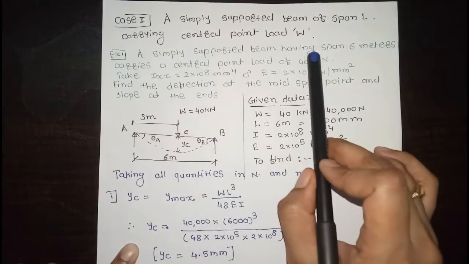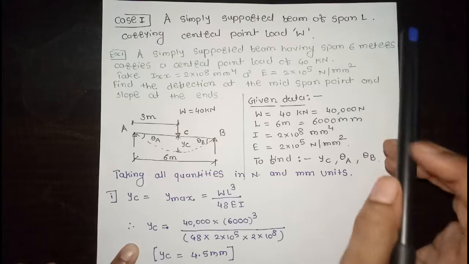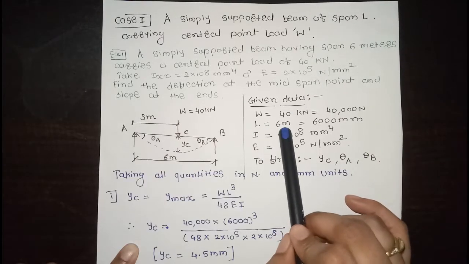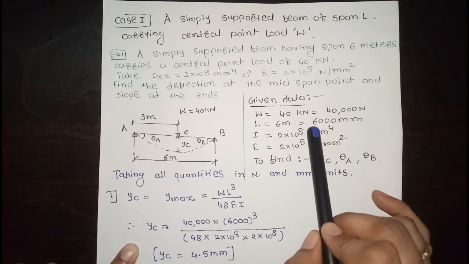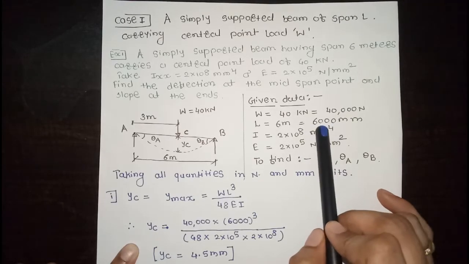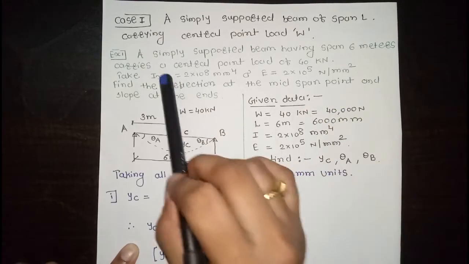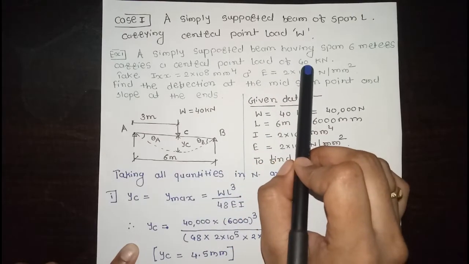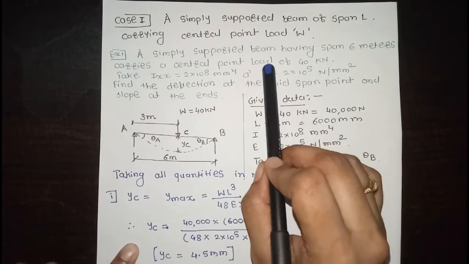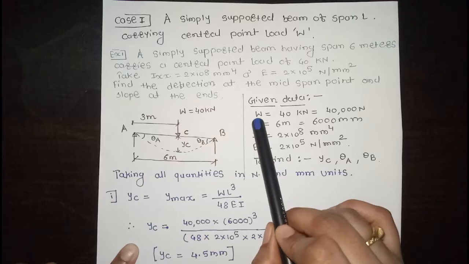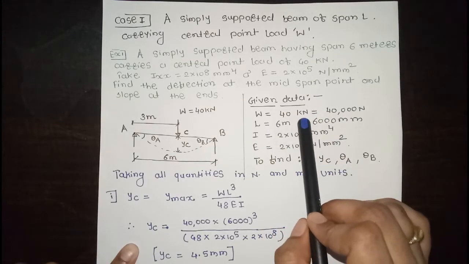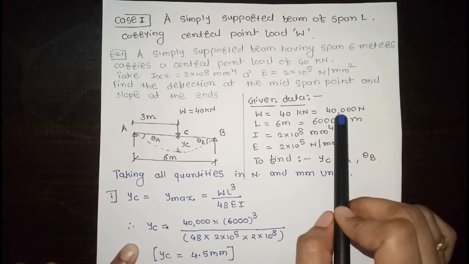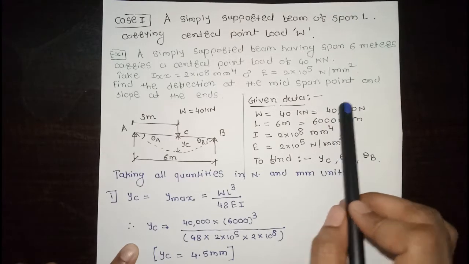A simply supported beam having span 6 meter, so L is equal to 6 meter. Convert meter to mm: 6 into 10 cube means 6000 mm. Central point load of 40 kilonewton, so load is denoted by W. W is equal to 40 kilonewton. Convert kilonewton to Newton, multiply by 10 cube.